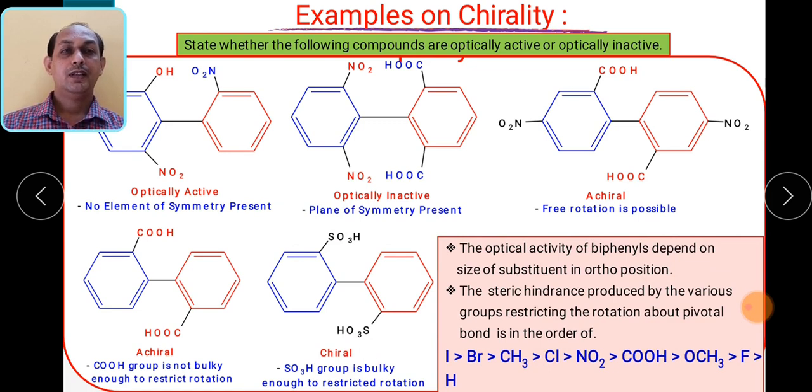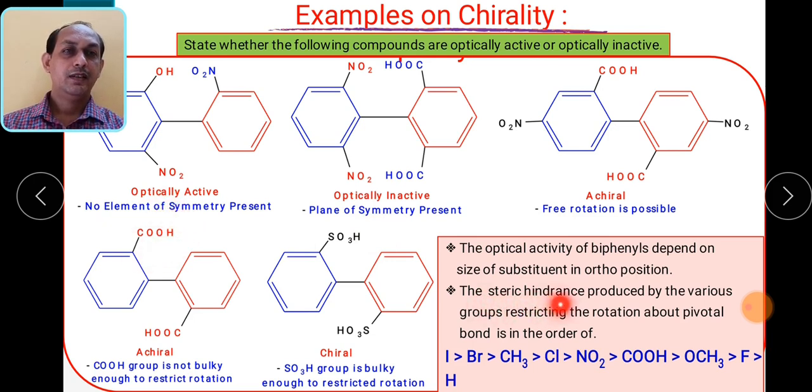As we saw in the nomenclature of R and S, where we assign the priority order based upon the groups, similarly we have to remember things here. Optical activity of biphenyls depends upon the size of the substituent in the ortho position. Size of the groups. So this is the order.